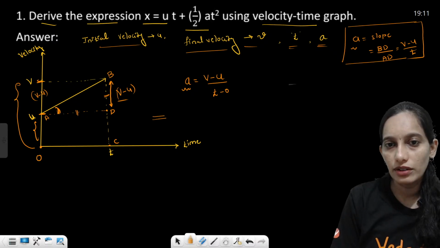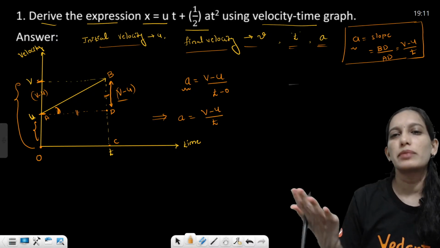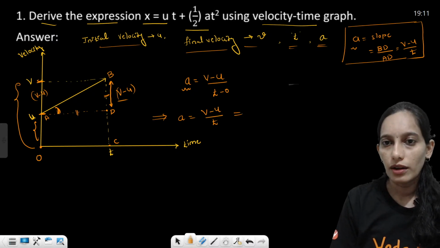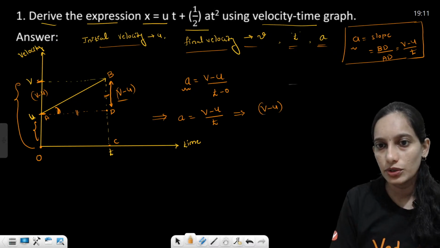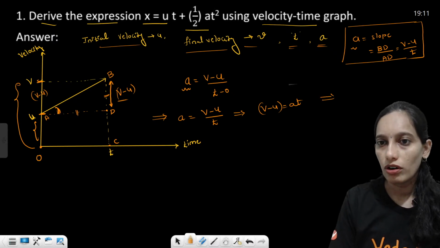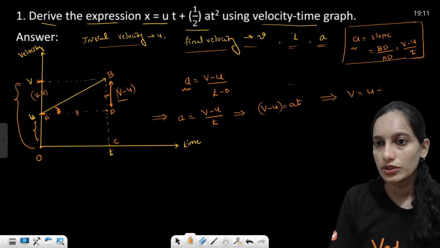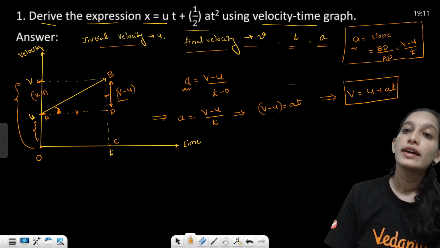So from here we get acceleration A is equal to V minus U by T, because T minus 0 is T itself. From here I can write V minus U is equal to A into T, or V is equal to U plus AT. So this is our first equation of motion.